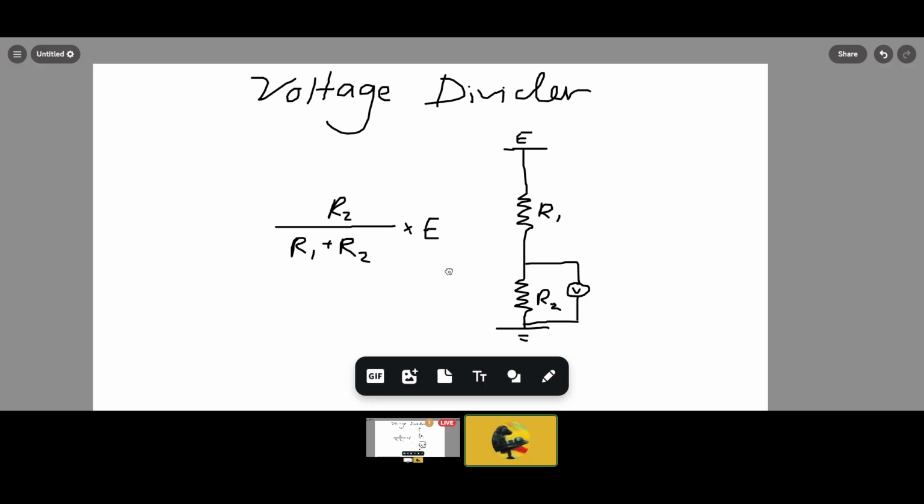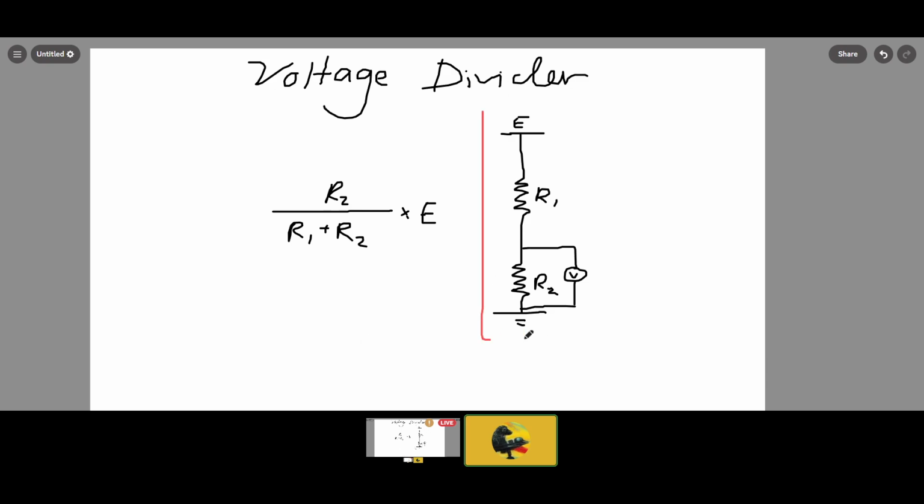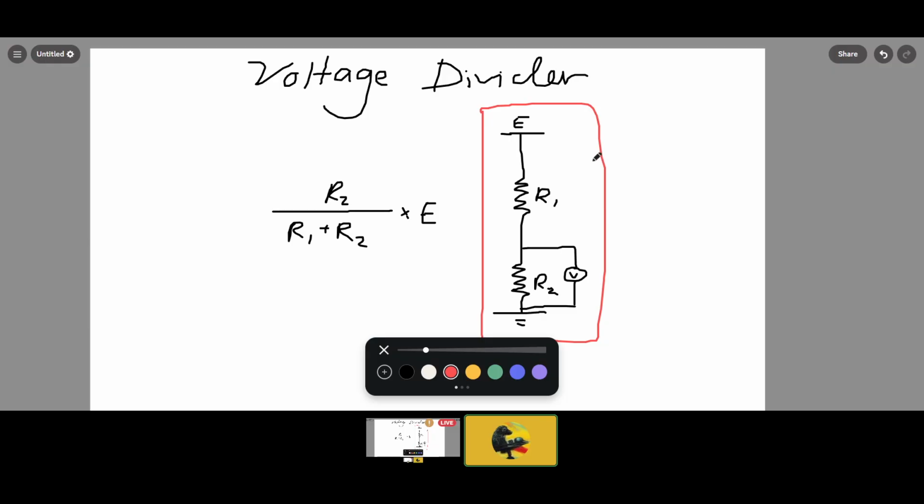So first, I'm just going to start off with what it is. The voltage divider is this circuit here. Generally, you will see it in circuit diagram form like this. What it does is it takes in a voltage and then it outputs a differing voltage.